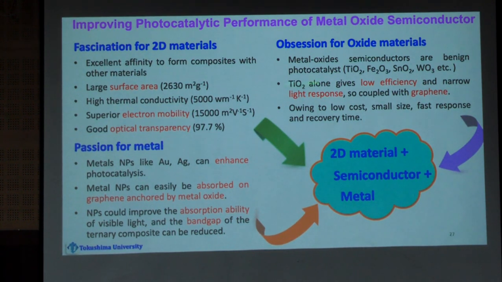Then oxide material, although TiO2 is one, other oxide materials can be tried with this two-dimensional material, like Fe2O3, SnO2, WO3. And those materials should have low cost and small size.